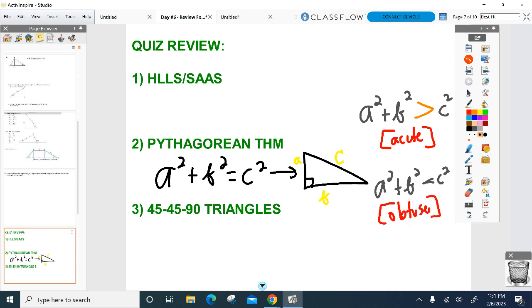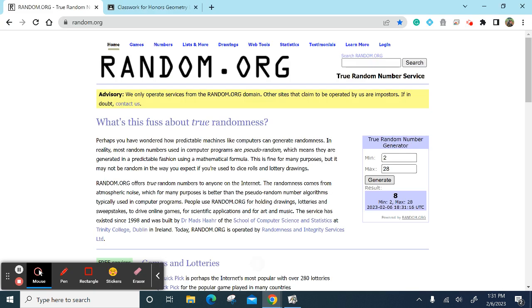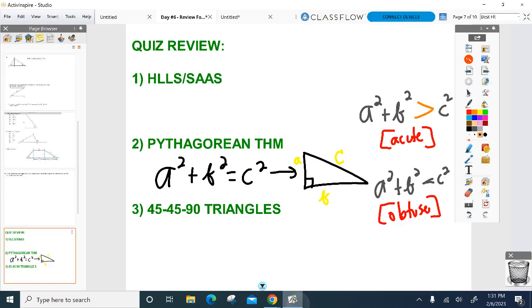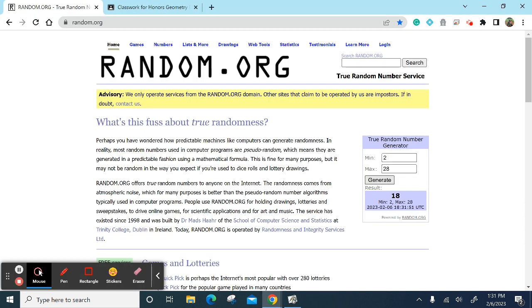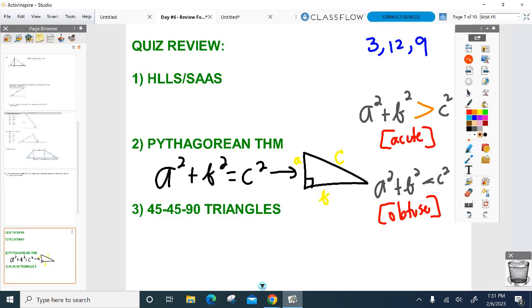And when you're testing, what goes in for A? I don't like to say legs. What do I put in for A and B when I'm testing it? So if I give you 3, 12, 9, what are you plugging in for A and B?